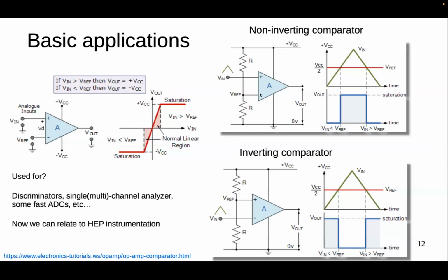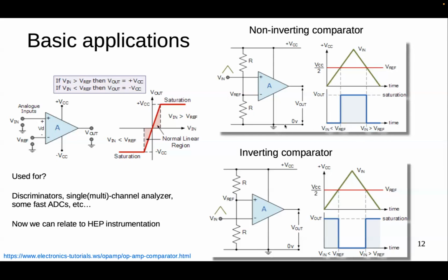Actually, this level can be anything. For example, here we can put some specific voltage, or a variable resistor that we can configure manually and set some reference voltage. Then, depending on how the voltage in the input varies, we will have some output levels.